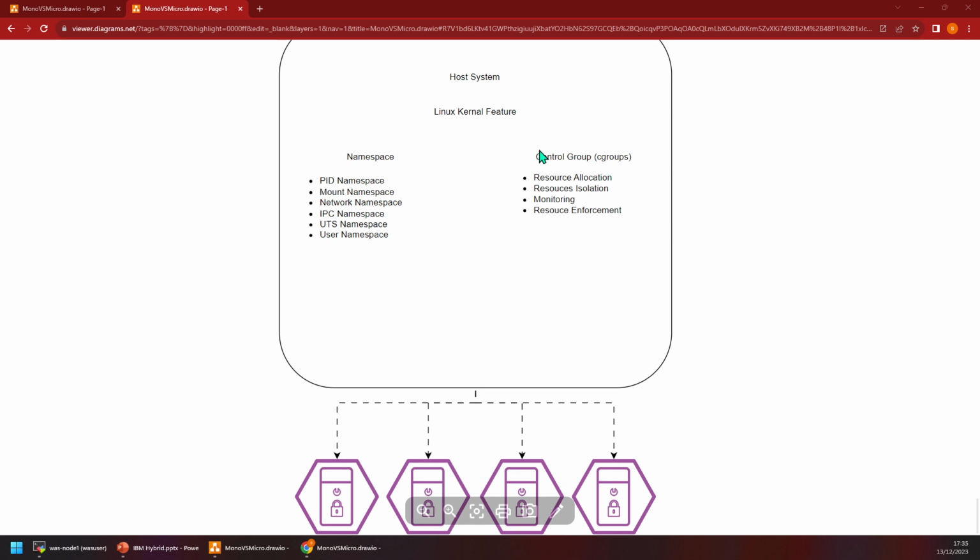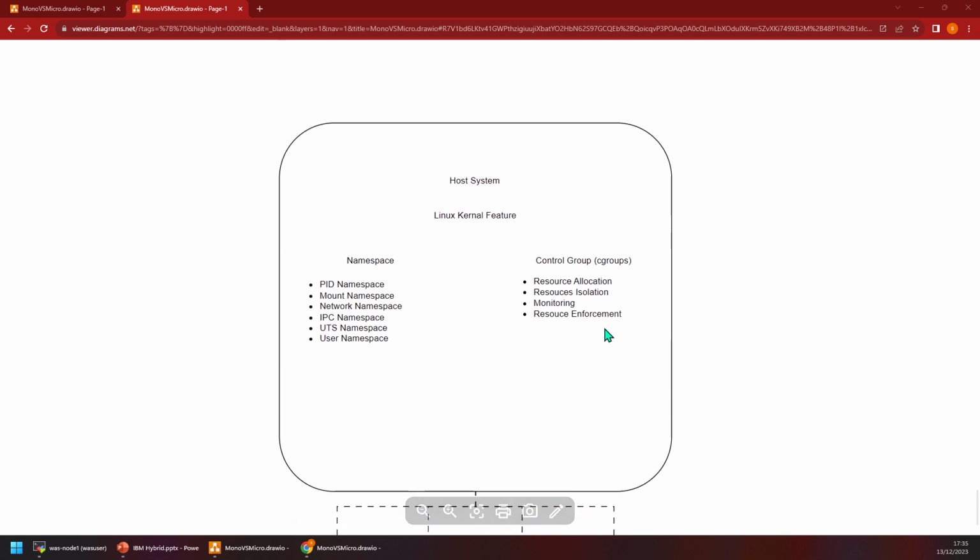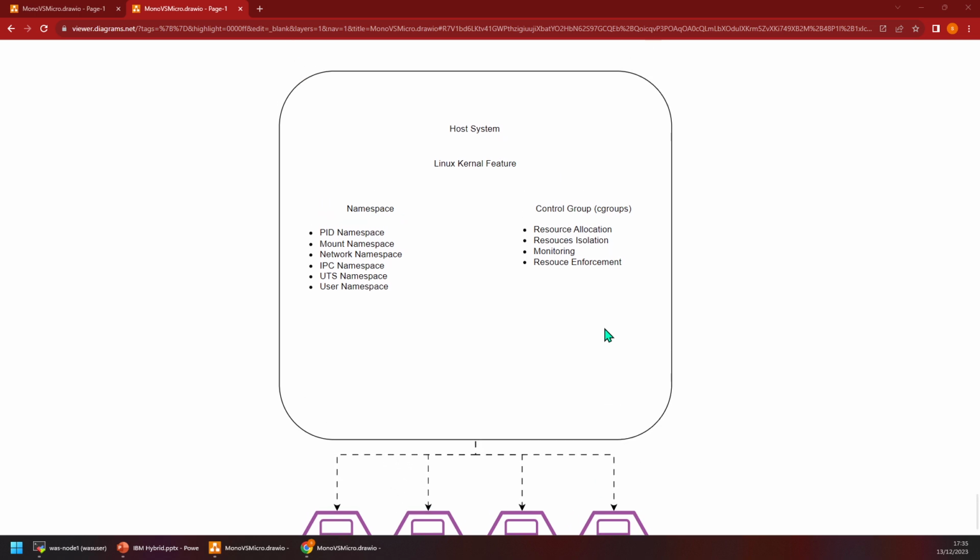And in terms of control groups, or Cgroups, they monitor resource enforcement and allocation of resources like CPU, memory, hard disk drive, and so forth, and isolate those resources from other containers and from the host system. Now that you understand this, I think you're ready to go a little more in detail about Docker and the other components which Docker utilizes.